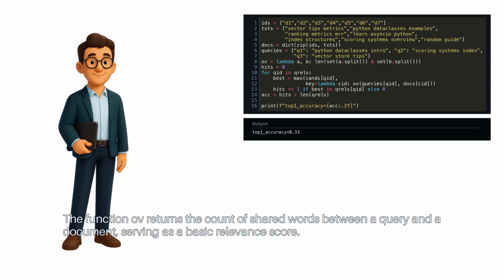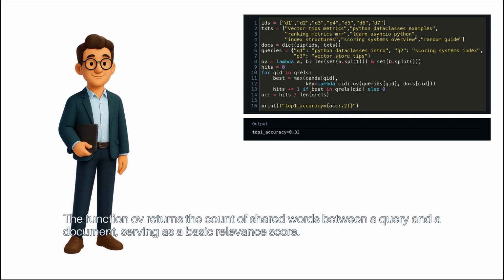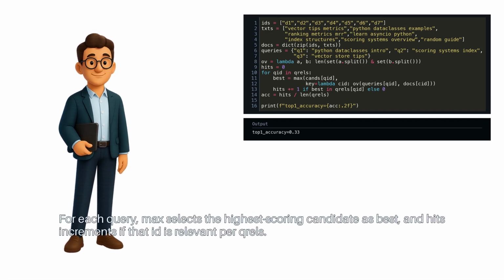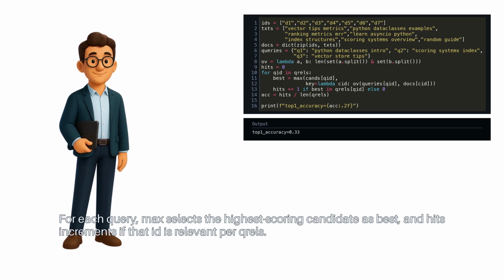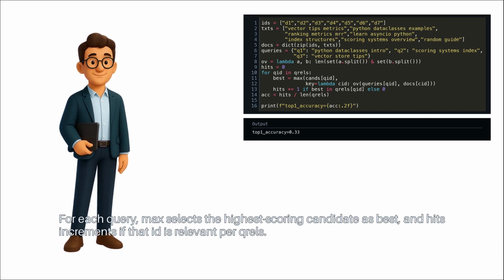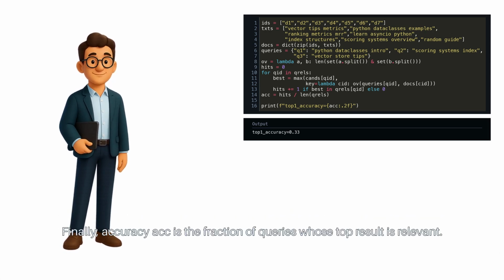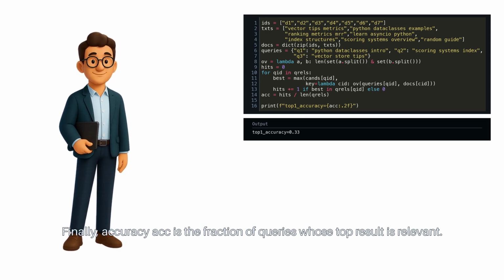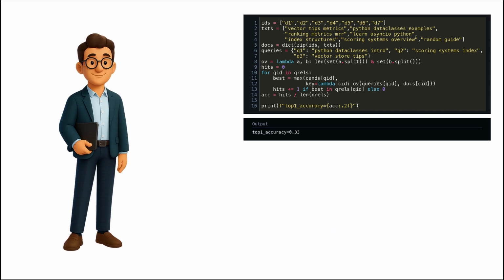The function ov returns the count of shared words between a query and a document, serving as a basic relevance score. For each query, max selects the highest scoring candidate as best, and hits increments if that ID is relevant. Finally, accuracy acc is the fraction of queries whose top result is relevant.